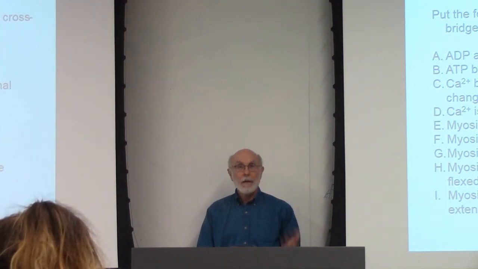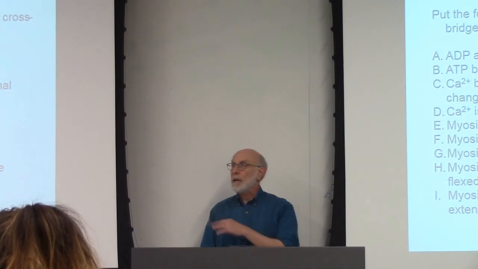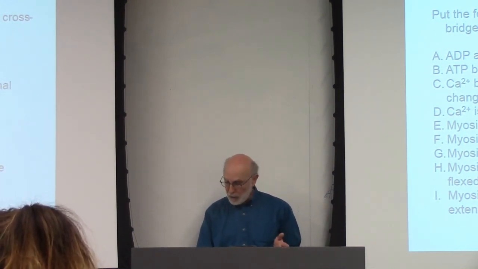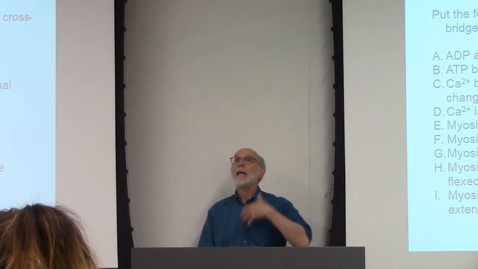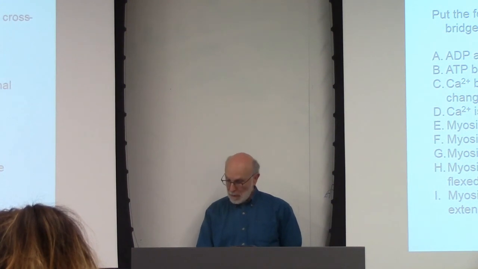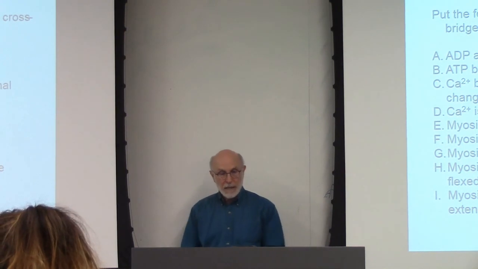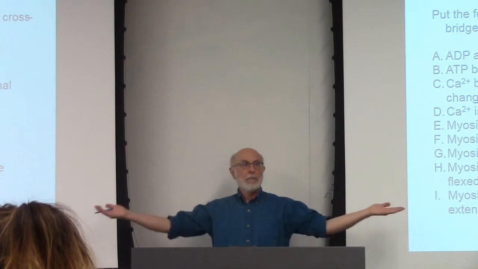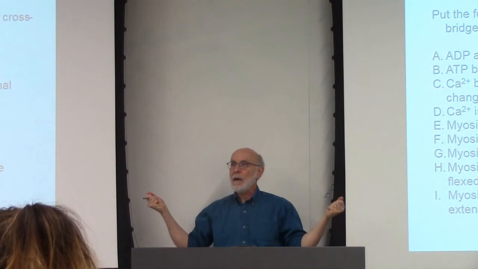ADP and phosphate unbind from myosin, and then, somebody besides Brittany? Anybody? So we've gotten to A, which is ADP and phosphate dissociate from myosin. What does that cause? It causes myosin to undergo the conformational change called the power stroke, from extended to flexed, which is pulling on actin.